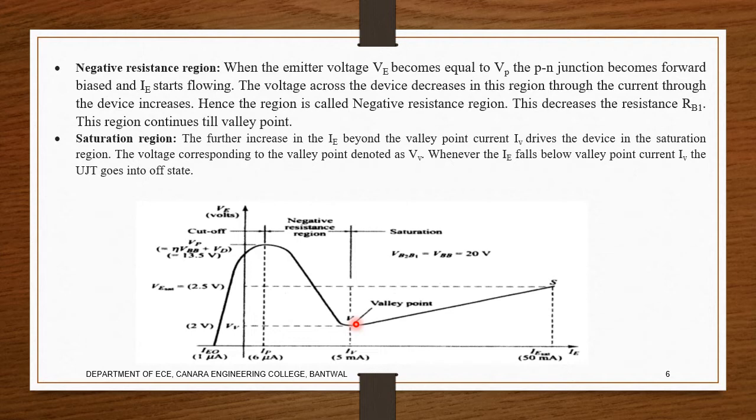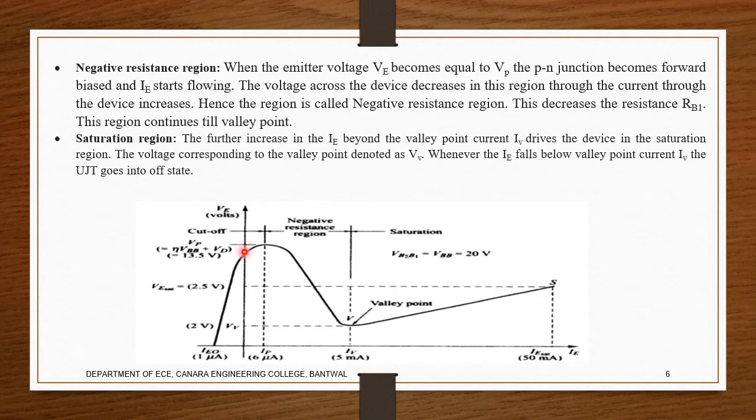Now first we'll go with the cutoff region, when VE is less than VP. This is the VP, the peak voltage. When VP is greater than VE, the PN junction is in reverse bias.